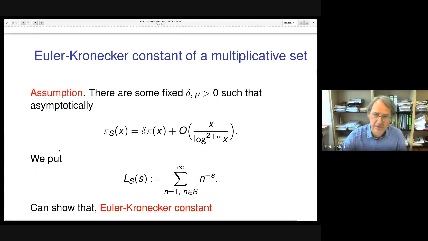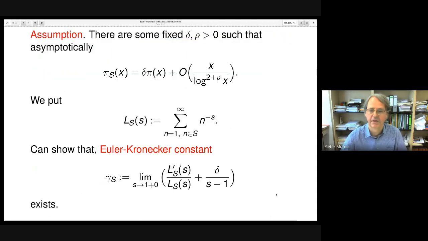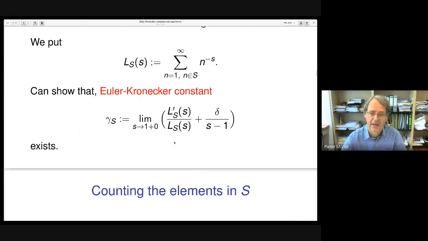So now, given that this holds, you can look at the generating series, the L-series defined in the following way, and then we can look at the constant part of the logarithmic derivative, and here you have to add the appropriate part so that this limit actually exists.